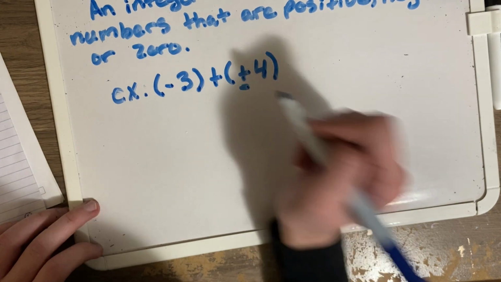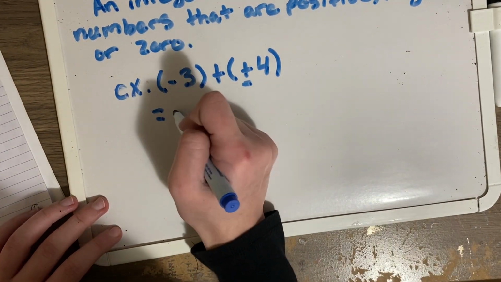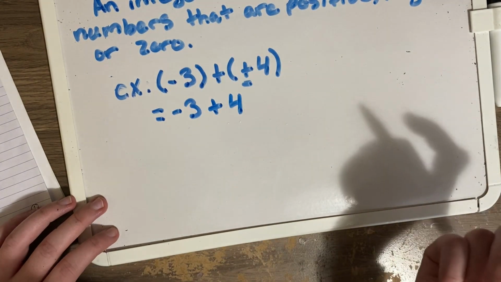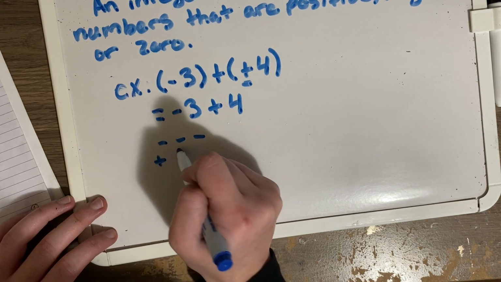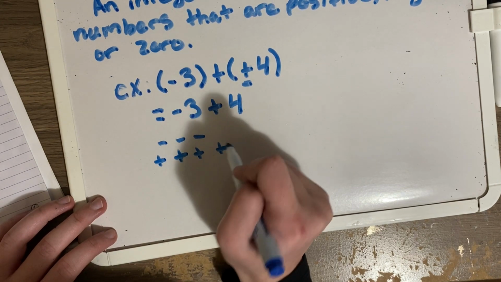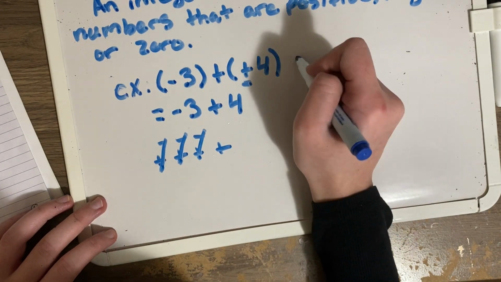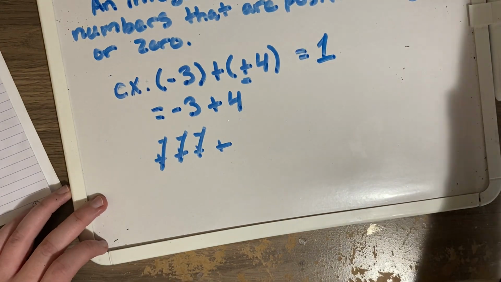Again, this positive isn't really necessary, so we can simplify it to negative 3 plus 4. We can draw a diagram: 1, 2, 3 negatives, 1, 2, 3, 4 positives. These all cancel each other out, and we're left with 1.